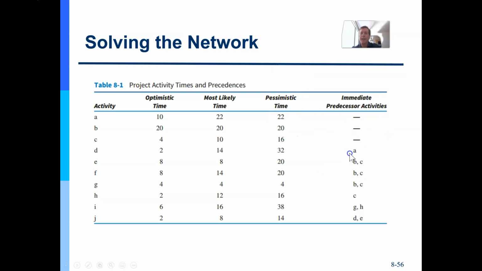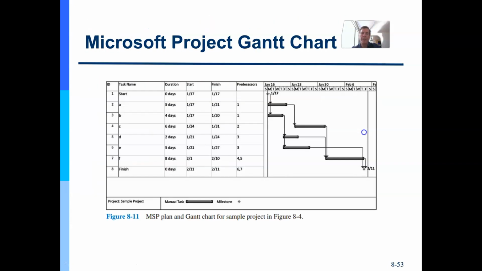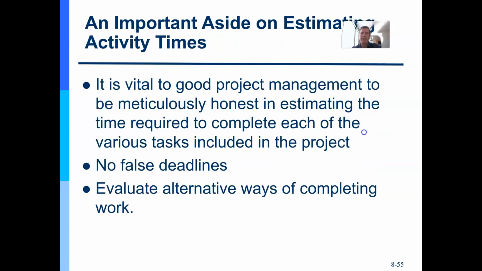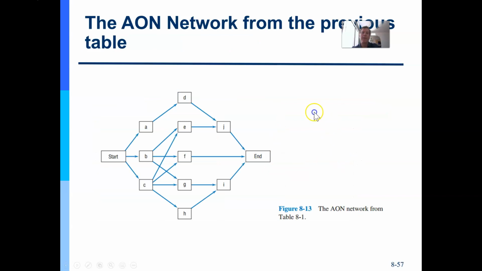And this is about A and B and C. There were no predecessors in the approach that we looked at, and so that's what that is indicating. But activity D does have a predecessor of A. Useful information.